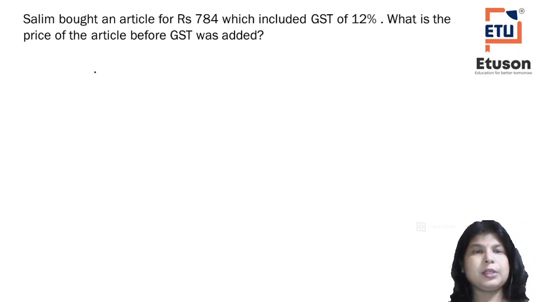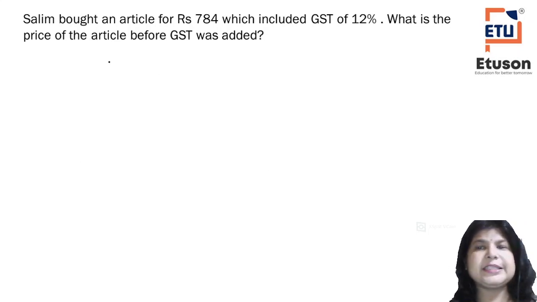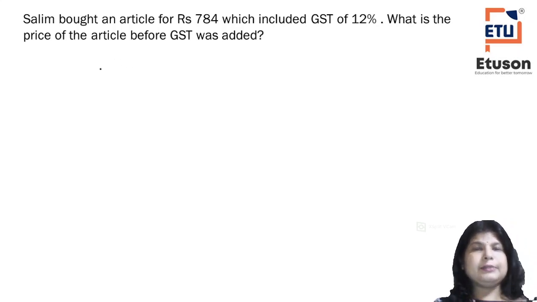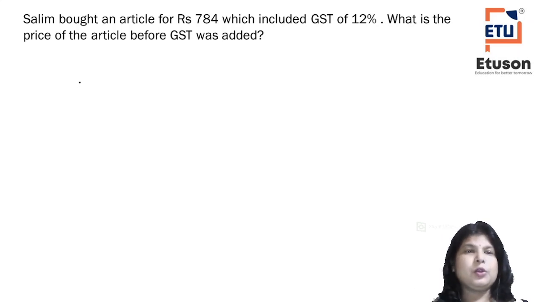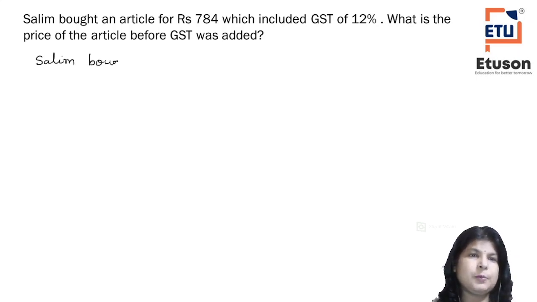So now let us go to the next question. So here we have implemented the concept of GST. Okay. Salim bought an article for rupees 784 which included GST of 12%. What is the price of the article before GST was added? Okay. So this 784 includes your GST of 12%.